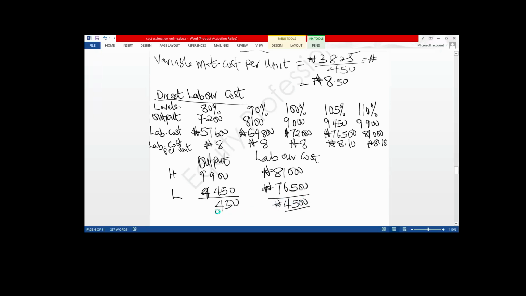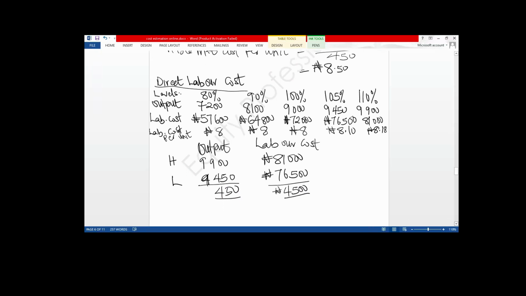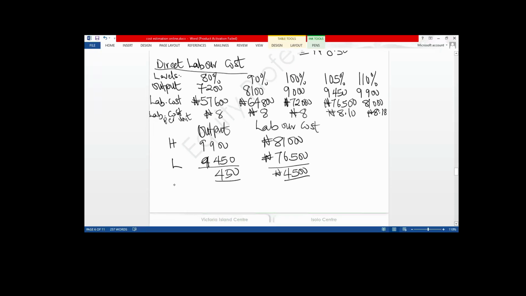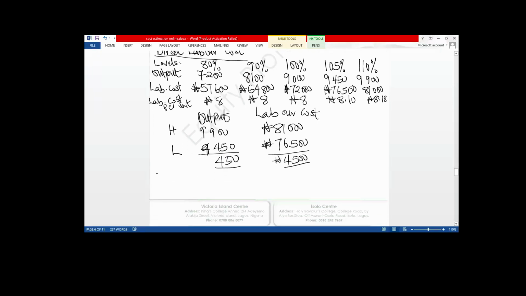So what is the variable labor cost per unit? 4,500 divided by 450.